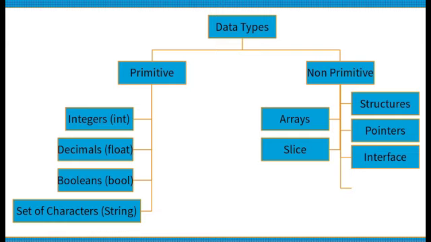Yes, we have that non-primitive data type, known as a map. A map is nothing but a key value pair in the Go language. The value can be anything: an integer, a struct, an array, a map itself, an interface or a pointer, anything.